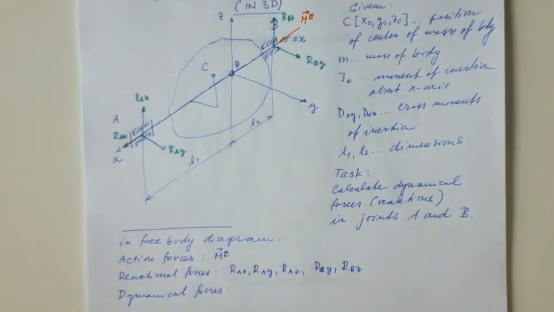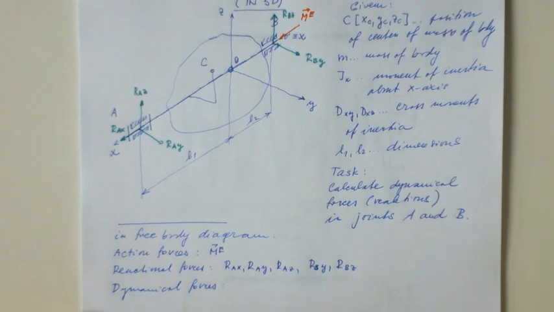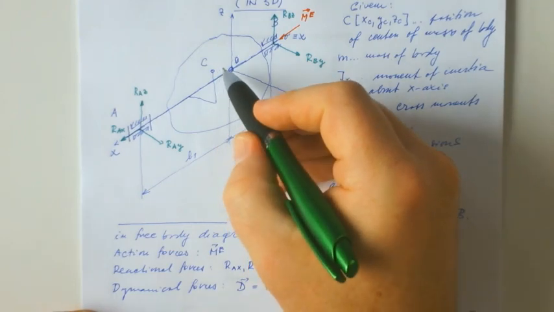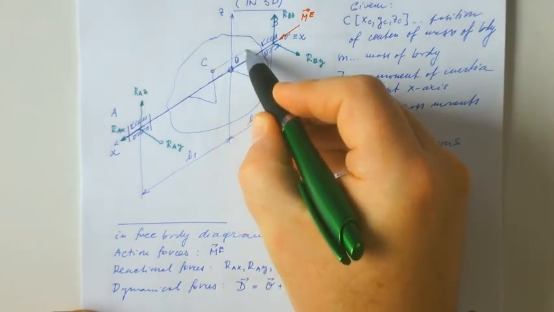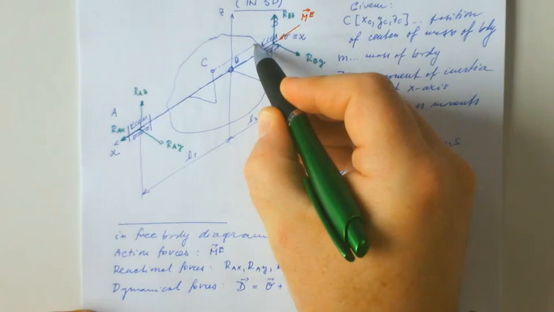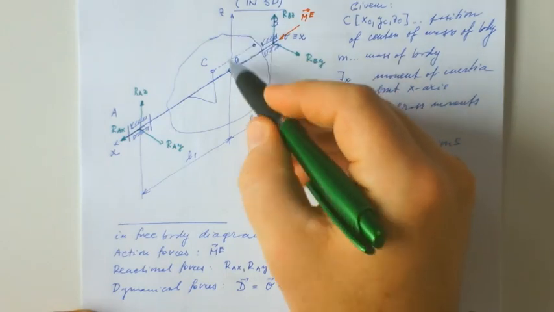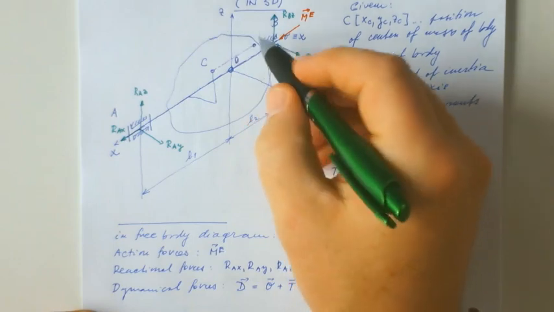if we use D'Alembert's method. So what are the dynamical forces? First, it's the D'Alembert force. We can draw it as a normal and a tangent component. And following the theory, we need to find a projection of point C to this plane YZ of the coordinate system.